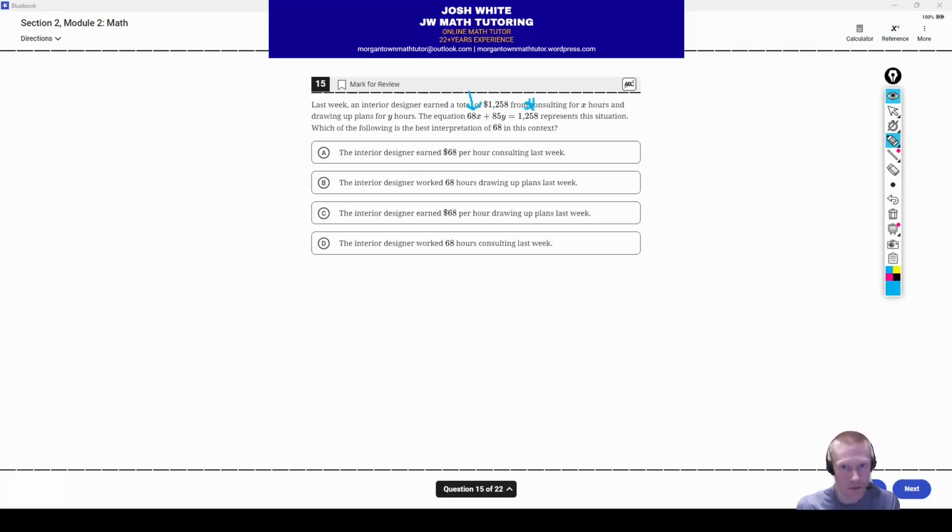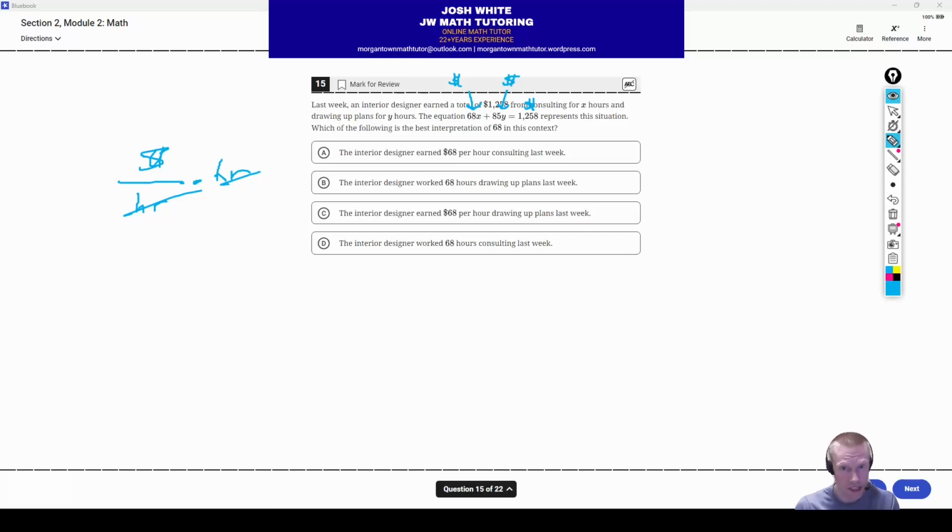Okay, that means each of these two things, whole expressions added together, represent total dollars. Okay, but we know that X is a number of hours and Y is a number of hours. So the way you would get the hours into total dollars is basically multiply it by the pay rate or the per hour cost. Dollars per hour times hours, and then you would just be left with dollars.